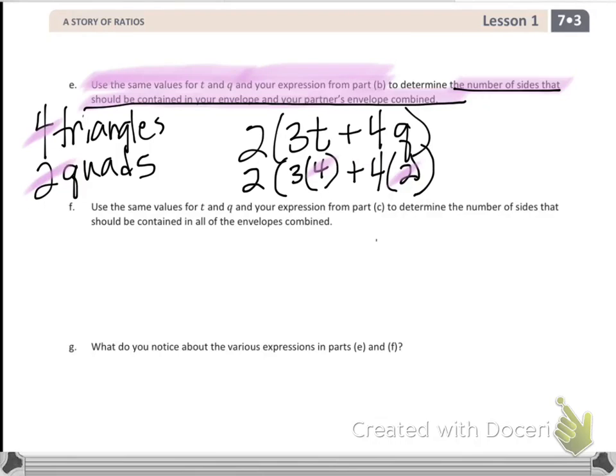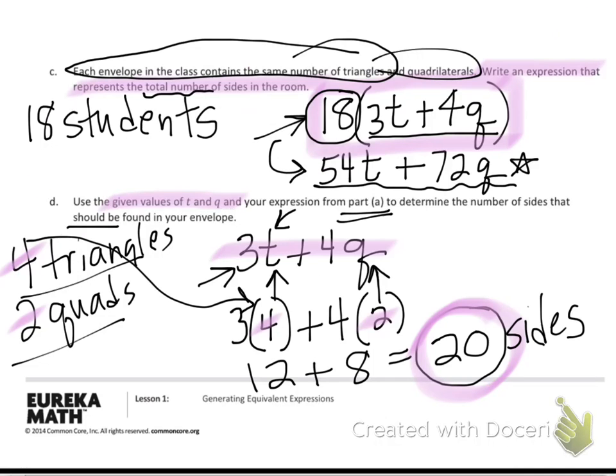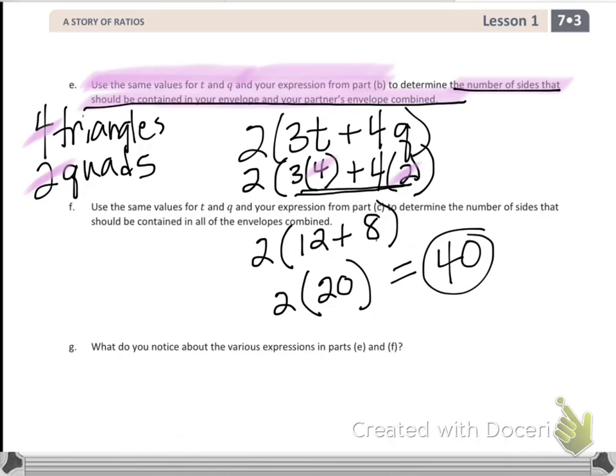Now if I continue, I would have 2 times 12 plus 8, and what that equals is 20, because we knew that already from the other one. So 2 times 20 equals 40. Which just makes good sense, because if we had 20 sides in our one envelope, we are surely going to have 40 sides in our envelope plus our partner's envelope combined.